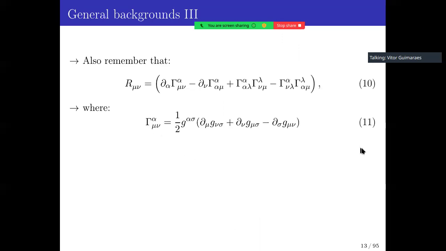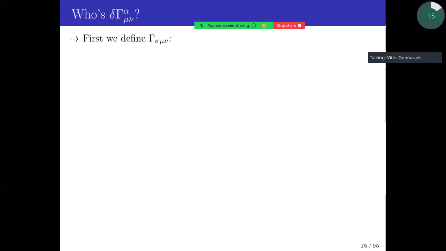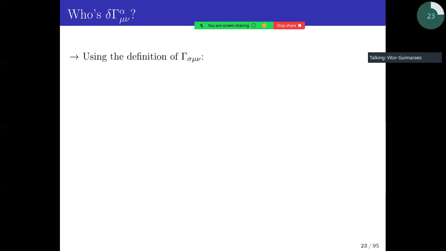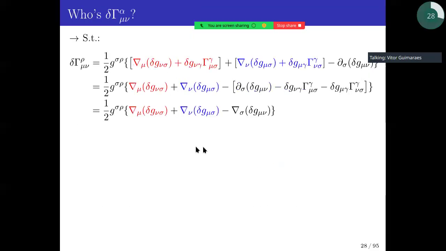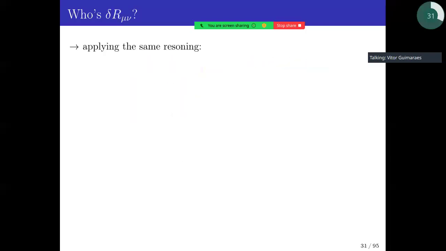We found the perturbed versions of the Christoffel symbols, and we saw that they transform as tensors.